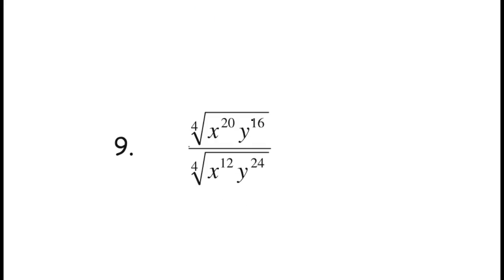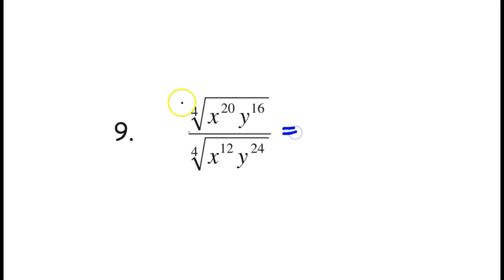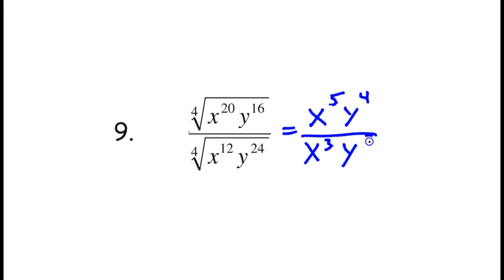So going back down here, let's just use that. 20 divided by 4 is 5. And 16 divided by 4 is 4. Not too bad, right? And then 12 divided by 4 is 3. And 24 divided by 4 is 8. Now we still need to reduce this because you have the same variable on the top and bottom. So let's look at these individually. We have 3 x's on the bottom, 5 on top.